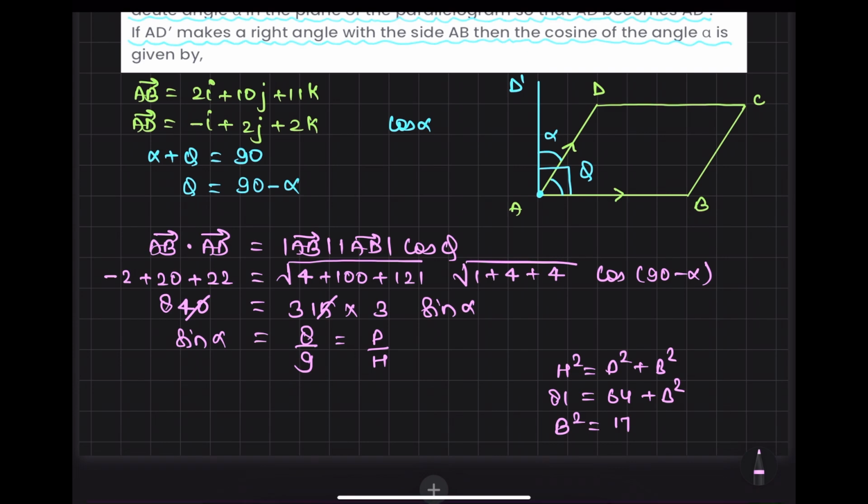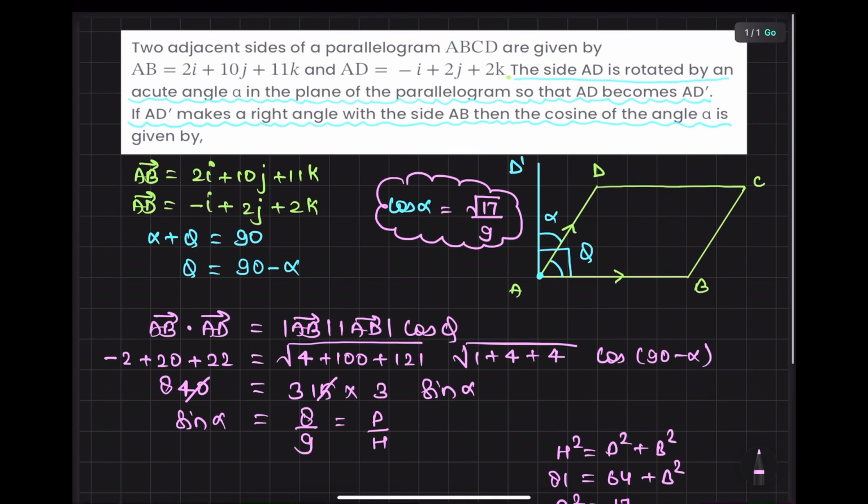Okay, so base will become root 17. So can I write cos alpha as base by hypotenuse, root 17 by 9? So the required value of cosine alpha is root 17 by 9.